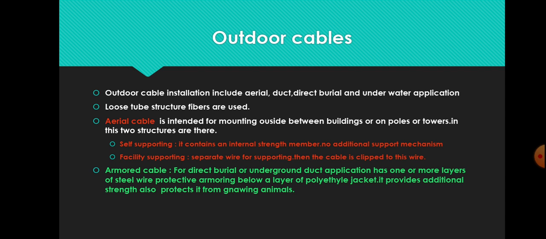for direct burial or underground duct applications, we incorporate one or more layers of steel wire protective armoring below the layer of polyethylene jacket. That is for additional protection in the case of underground duct, and it provides additional strength, and also it protects the fiber from gnawing animals.